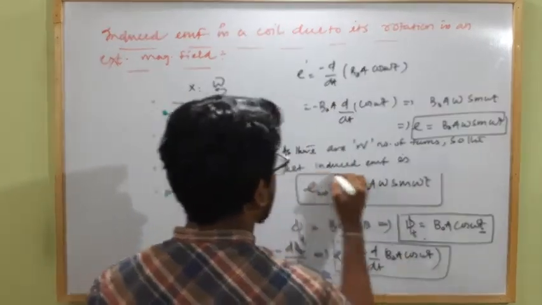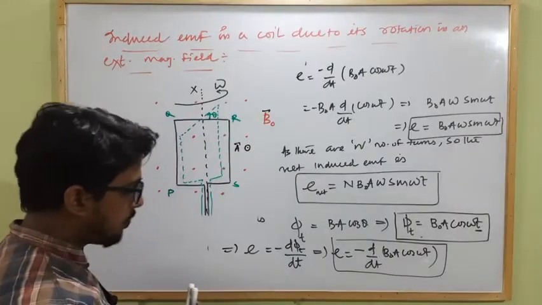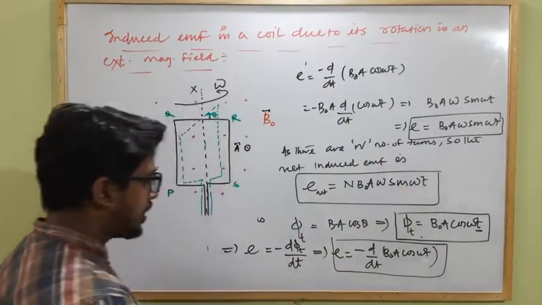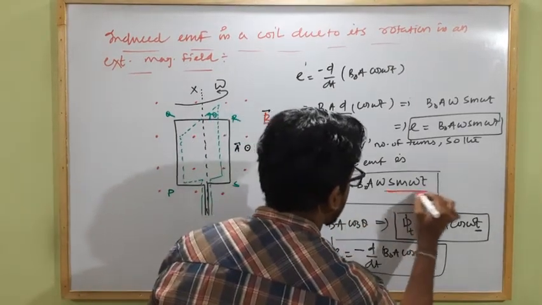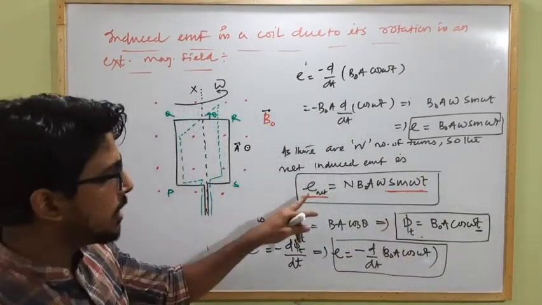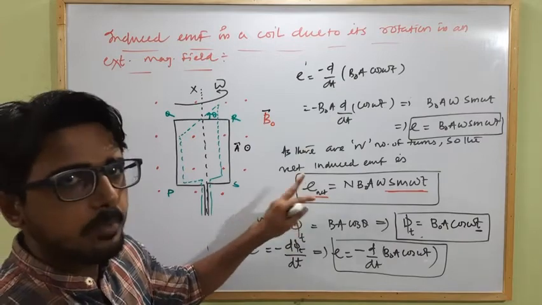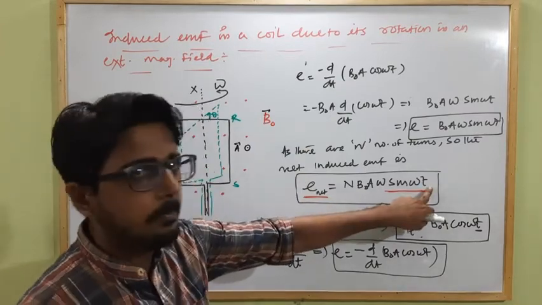This is the expression for net induced EMF, and from this expression we also get that the induced EMF within the coil is also a function of time t. That means the magnitude of the induced EMF is also changing with respect to time.